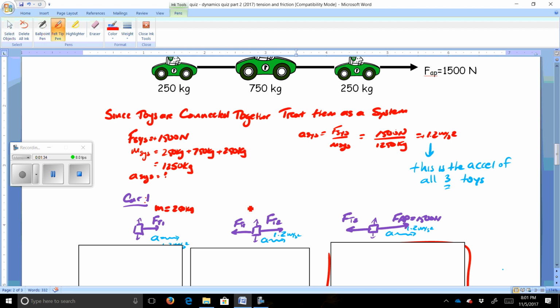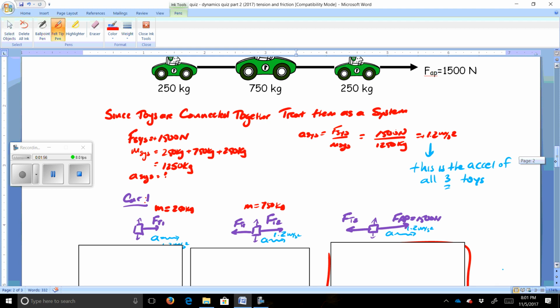Second object I know has a mass of 750 kilograms. And it's being pulled by a second tension force, which I called Ft2. And there's also a reaction force, Ft1, of the first vehicle pulling back this way. I also know the acceleration is 1.2 meters per second squared.